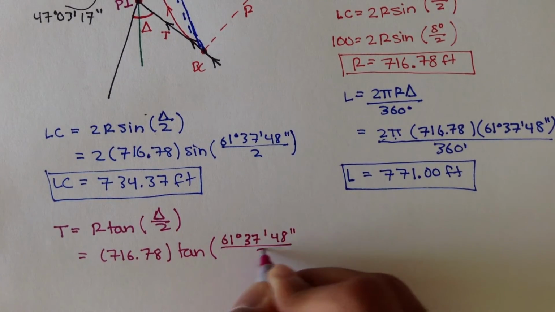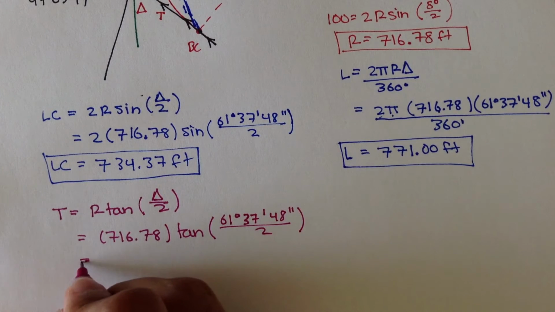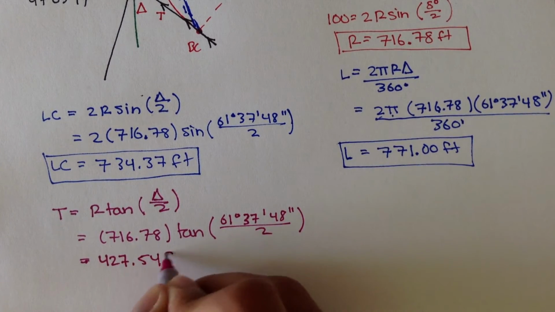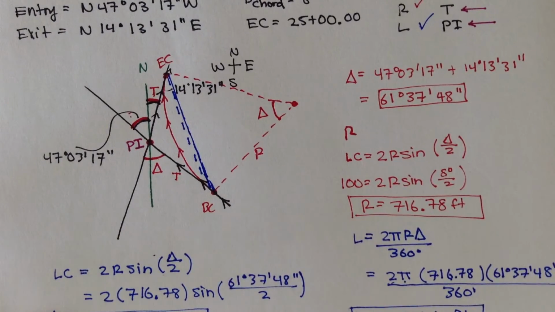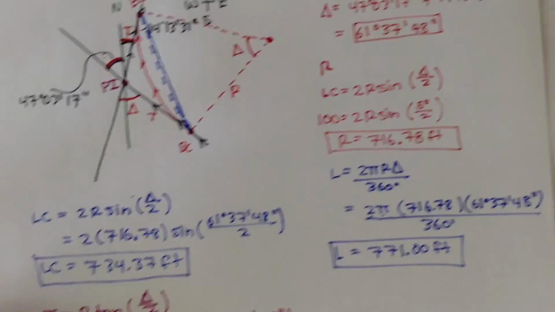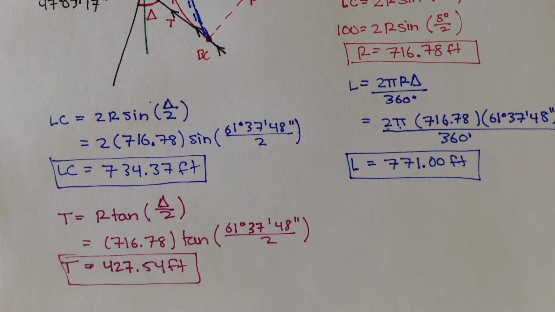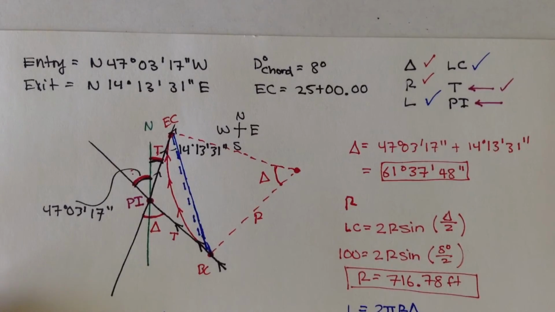We plug that in, and we should get 427.54 feet. Okay, so our tangent distance, our distance from BC or EC to the PI, is 427.54 feet. Right? We figured out what T is.